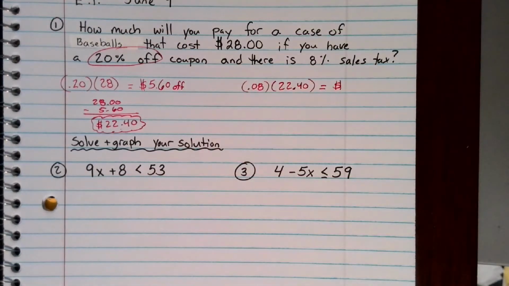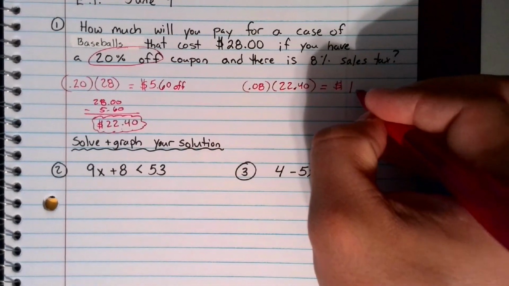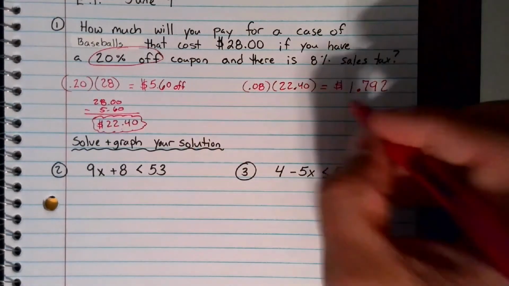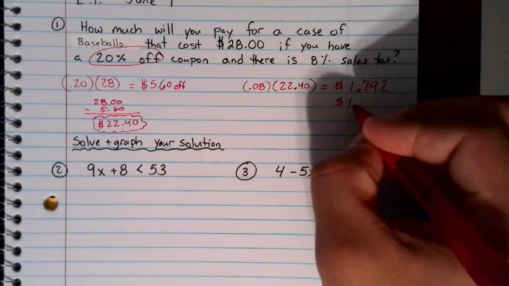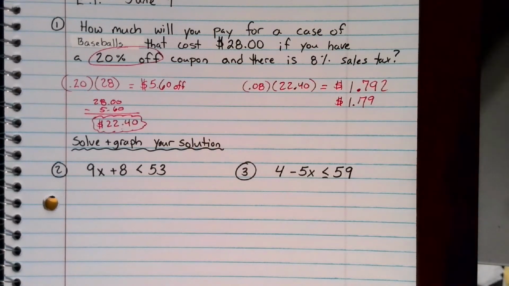I multiply that out, and I actually get 1.792. To the nearest penny, that's going to be $1.79, because we don't have anything smaller than a penny here. So $1.79 is our sales tax.